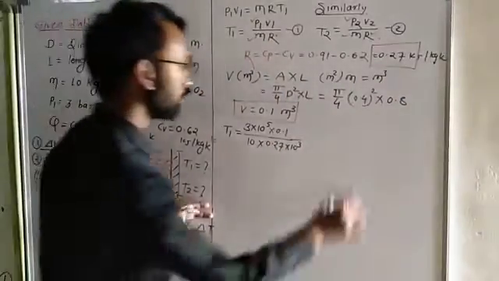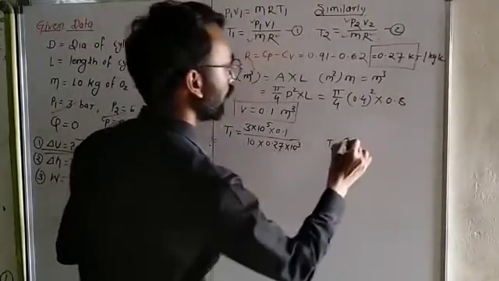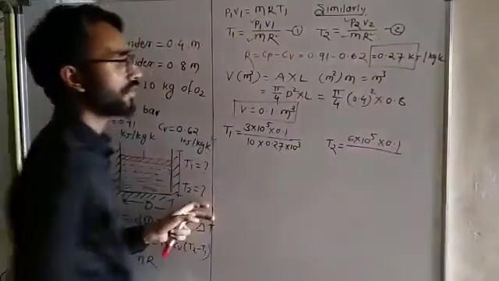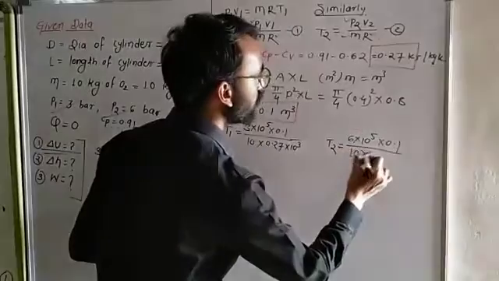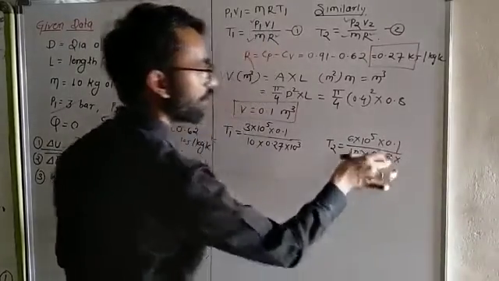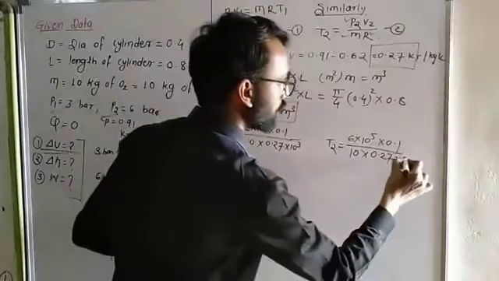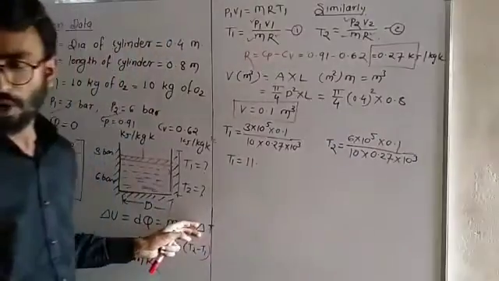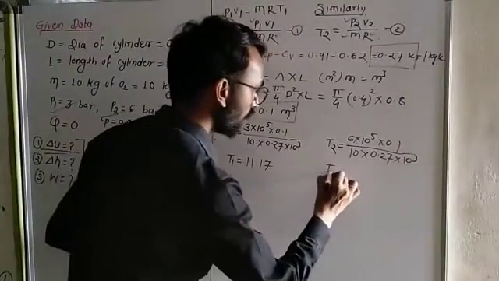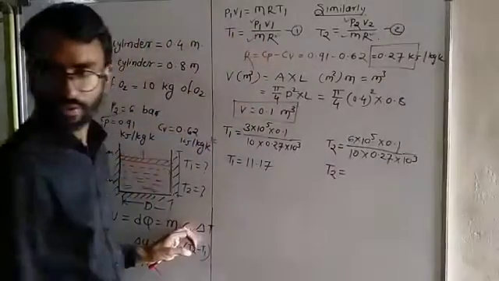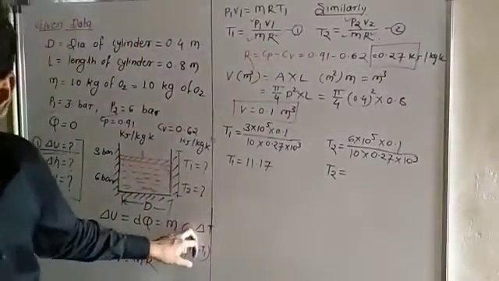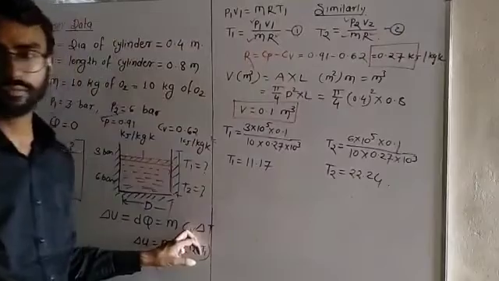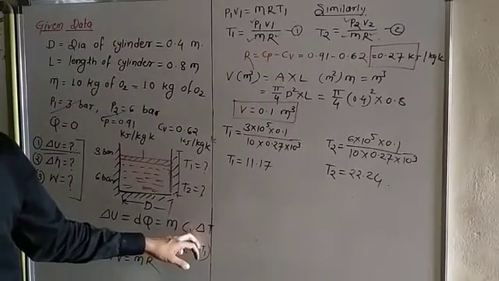Now T2 we can calculate the same way: 6 into 10 raised to the 5 into 0.1, putting the values in equation number 2, with mass 10 kg and 0.27 in the denominator. The value of T1 is 11.17 Kelvin and the value of T2 is 22.24.